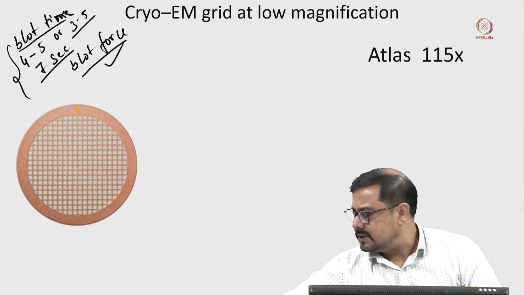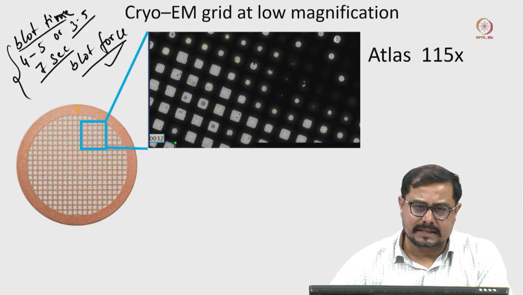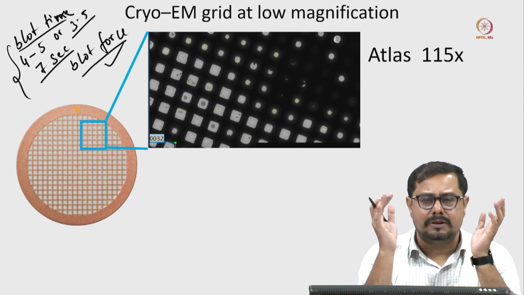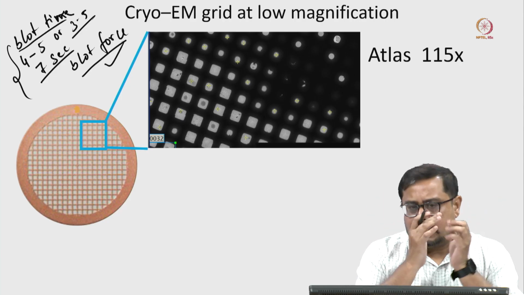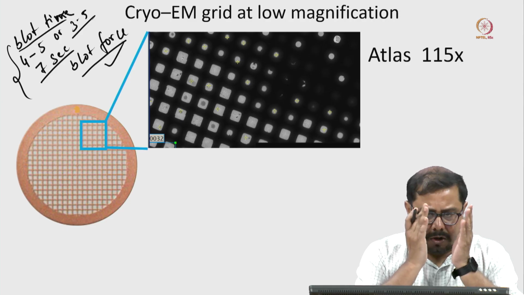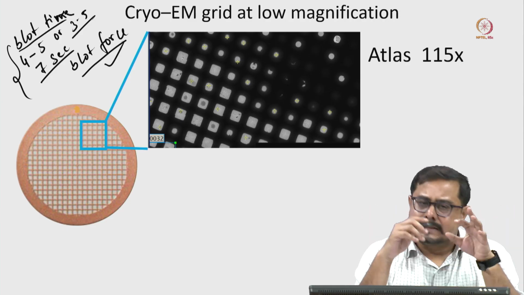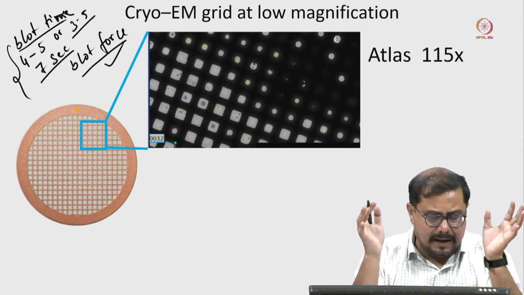Now when we have this grid, next we want to image. I already mentioned that when we are using the blot force or the blot time, sometimes it will absorb the buffer or solution properly and you will get very thin ice. In some cases it will not blot properly and you will get very thick ice.